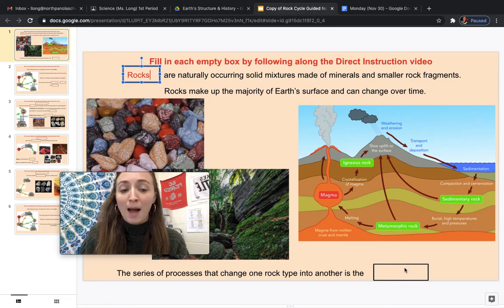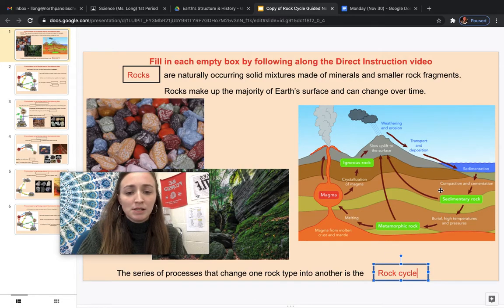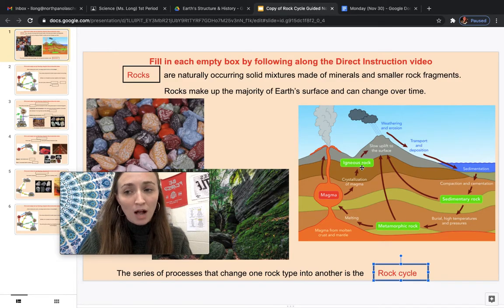And all of those processes, all of those cycles, we call that the rock cycle. So it's just a series of processes that can change one type of rock to another type of rock. So there are three types of rocks that we're going to talk about. We have sedimentary rocks, metamorphic rocks, and igneous rocks.